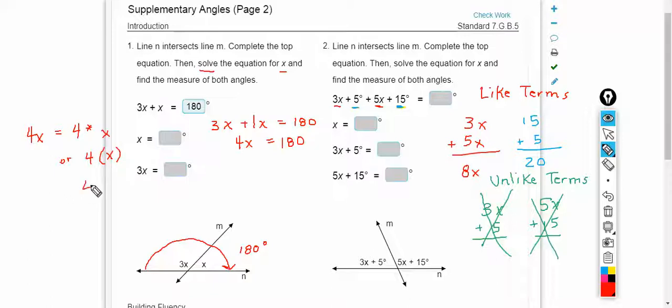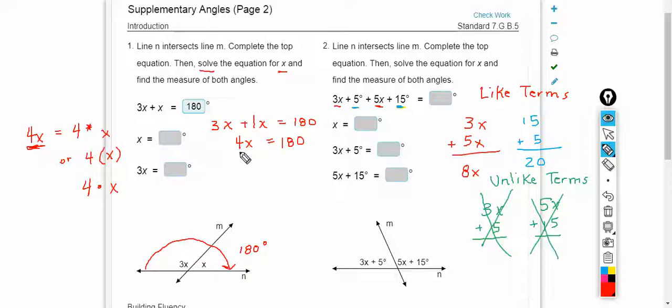You could say 4 times, the dot being a multiplication sign, x. Okay, so there's a couple ways that you can indicate multiply, but my point is that you're multiplying. This is a multiplication symbol. Okay, so in order to solve for x, we need to undo the 4 from the x.